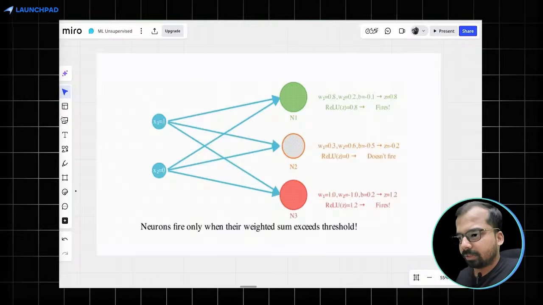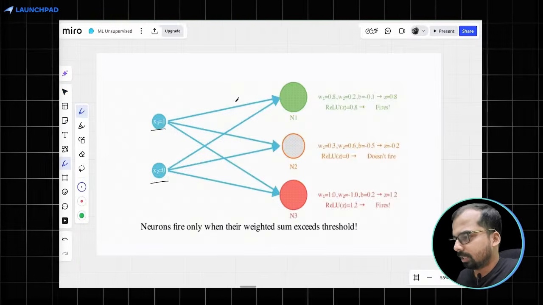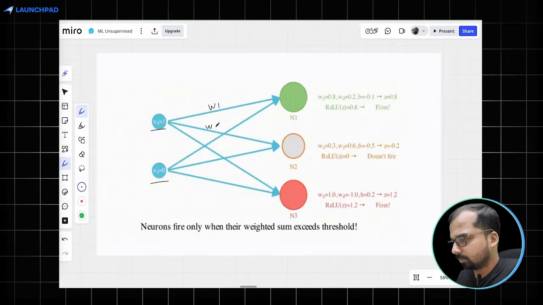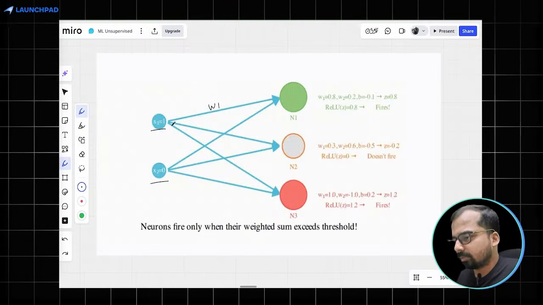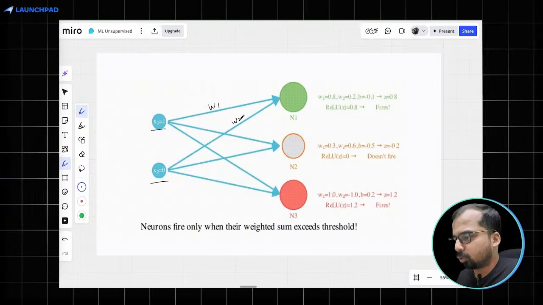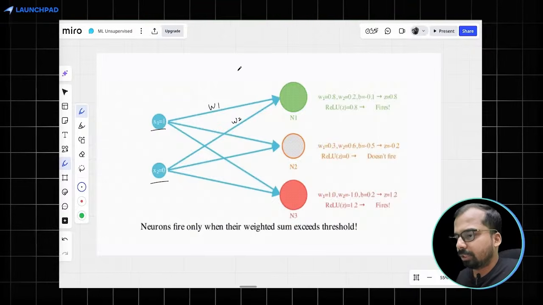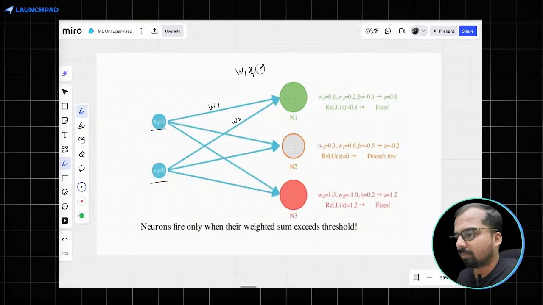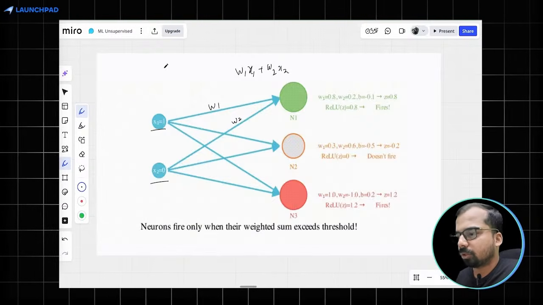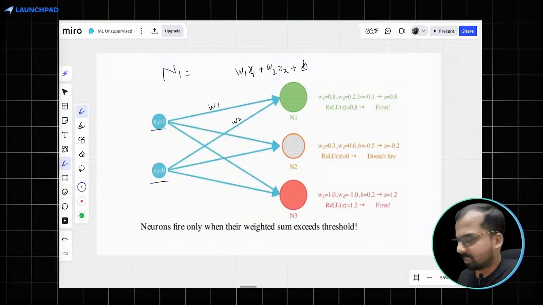you have x1 and x2, and let's say this is w1 and there is another weight, let's call this w2, right? For each neuron, what is going to happen is w1x1 plus w2x2, this is for neuron 1, plus b.